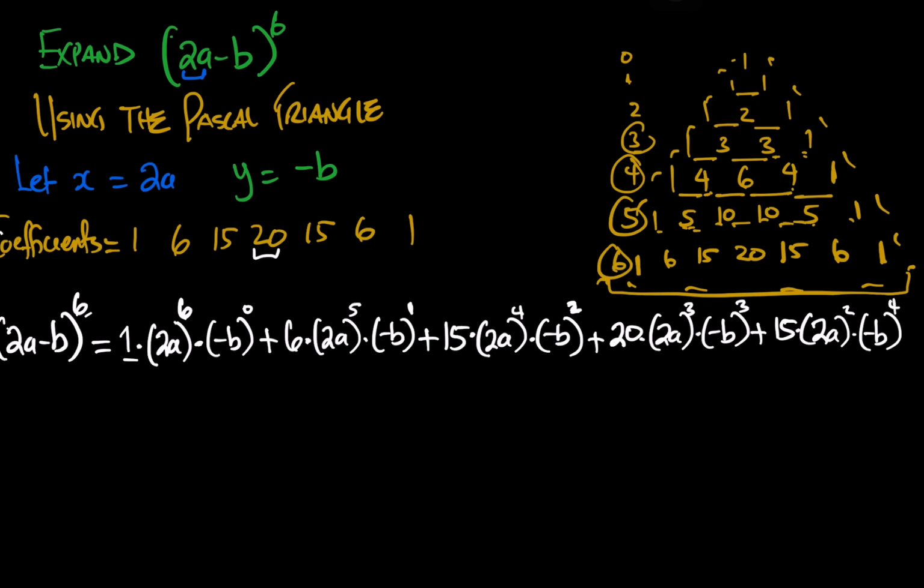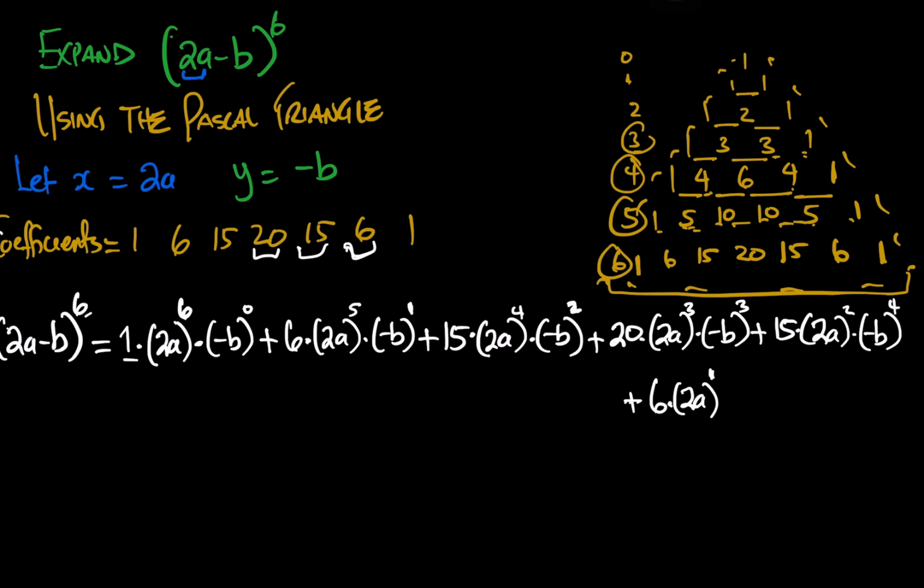And then we continue. Let me write it here. Plus, the next coefficient is 6. We're done with the previous one, so the next one is a coefficient of 6, multiplied by our x, which is 2a, to the power of what? 1.